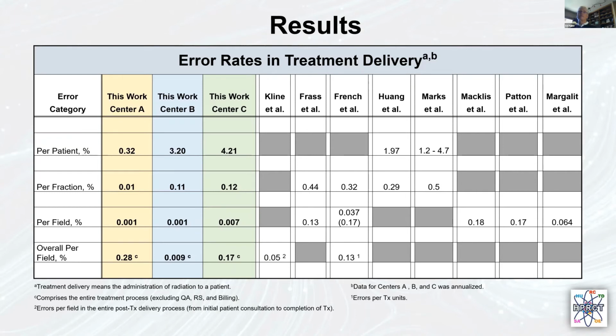And then you go to per fraction, per field, and on and on. So this is how it looks across other platforms of other data that's out there in the entire treatment delivery only, not radiation safety, not QA, not billing. So that's your numbers right there.